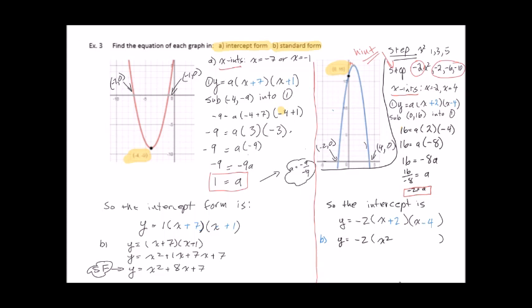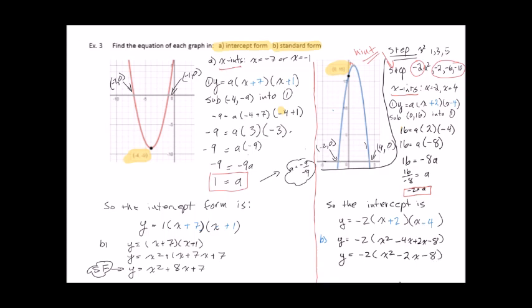And now x times -4 gives me -4x. And then 2 times x gives me plus 2x. And then 2 times -4 gives me minus 8. And then you end up with -2 times the bracket x squared minus 2x minus 8.